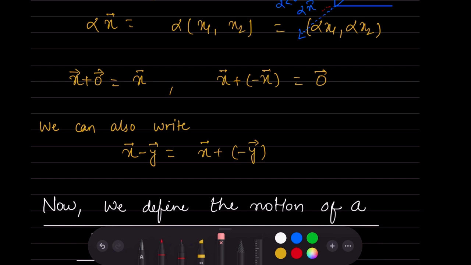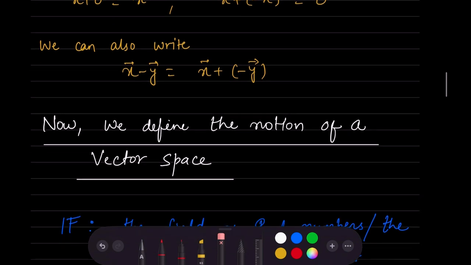Subtraction of two vectors we can also write with the above two properties: addition of two vectors plus scalar multiple of the vector. So this is the addition and subtraction of two vectors.